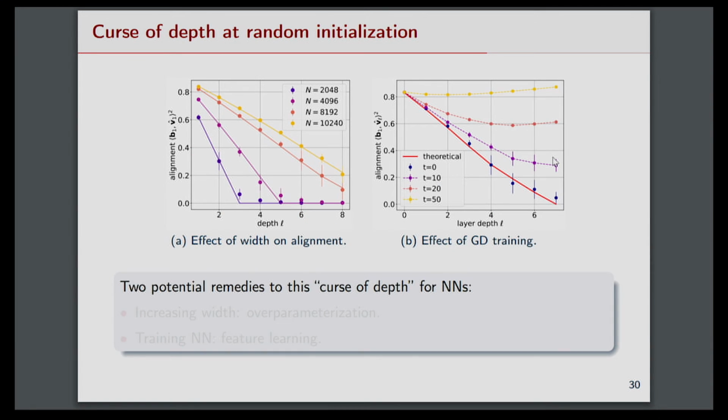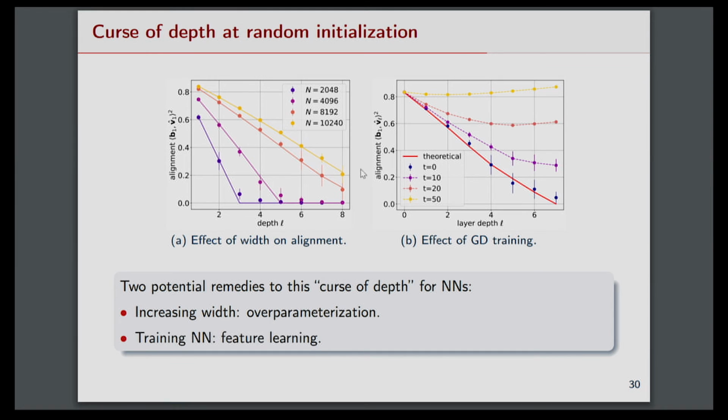Okay, so this actually gives us some solutions to resolve this curse of depth. There are 2 kinds of potential solutions. One is trying to increase the number of neurons. As you can see here, if n is increasing, if you're using a wider neural network, this information can be preserved for a longer time.